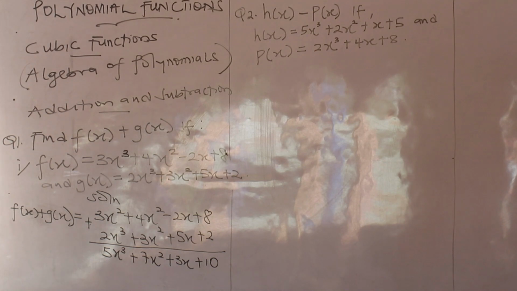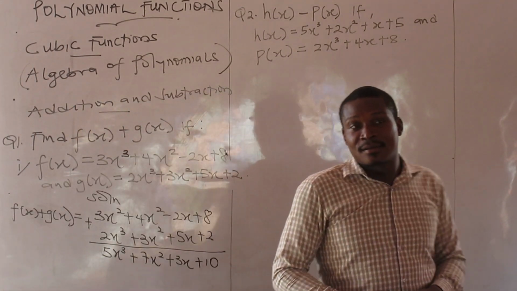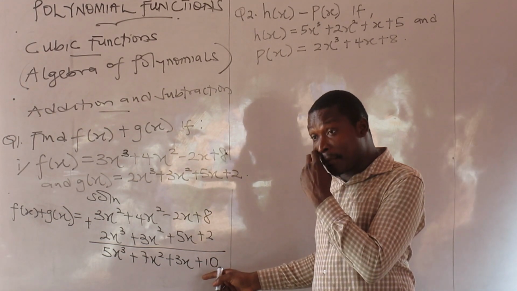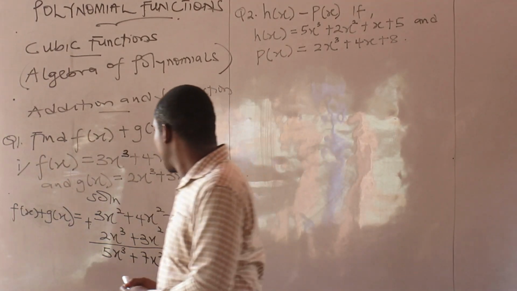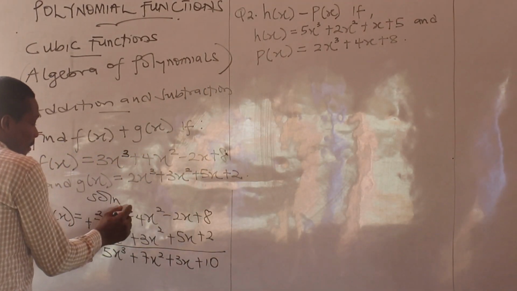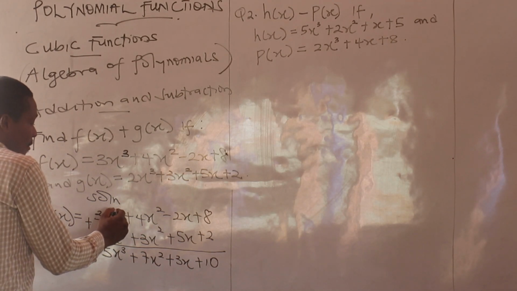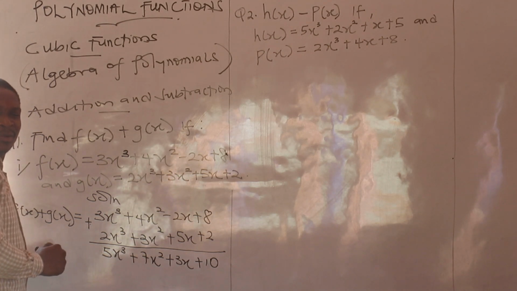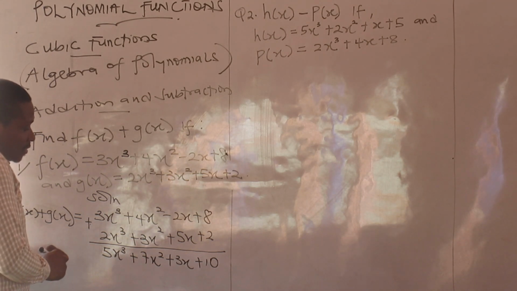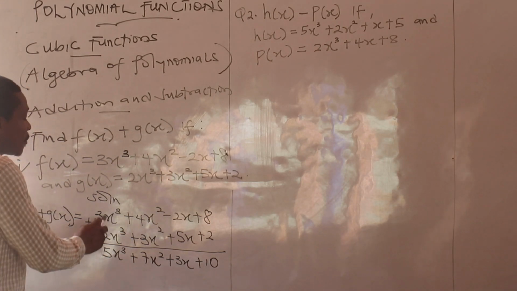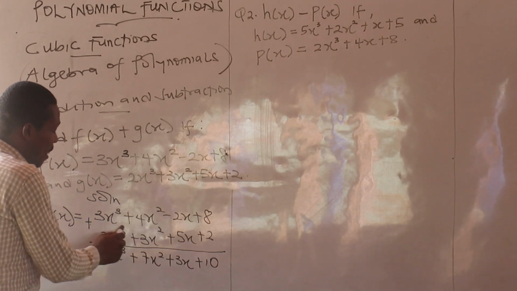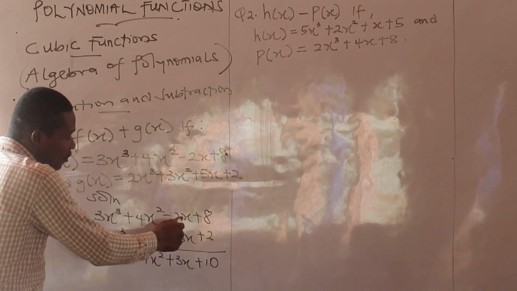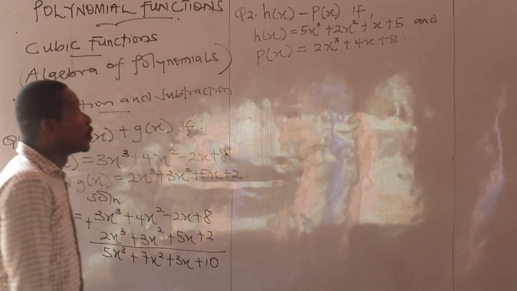Now let's look at the subtraction. Okay, so that is 3x cubed plus 2x cubed will give me 5x cubed. 4x squared plus 3x squared will give me this. Minus 2x plus 5 will give me this. Plus 10. Okay, good. Now let's look at the subtraction.